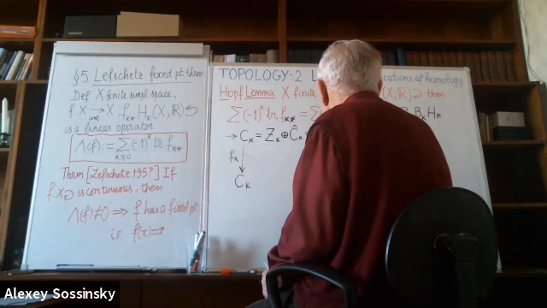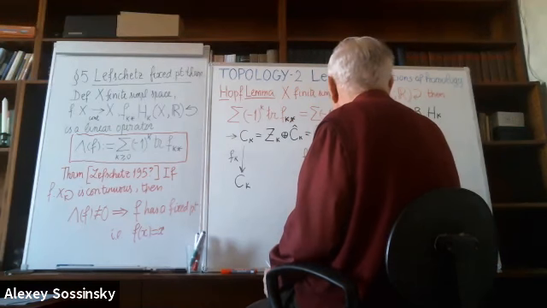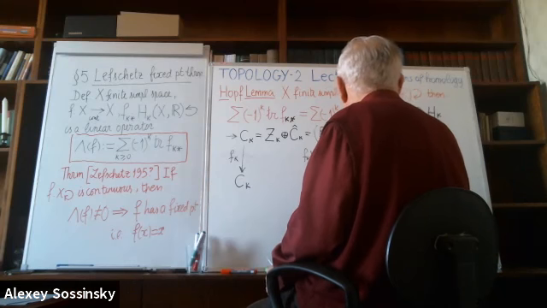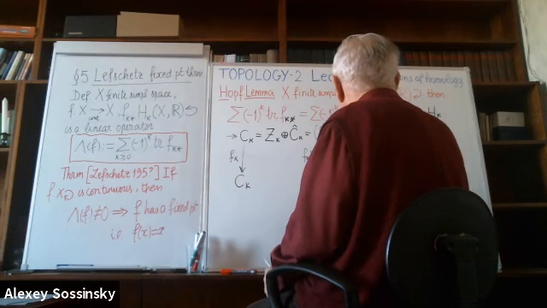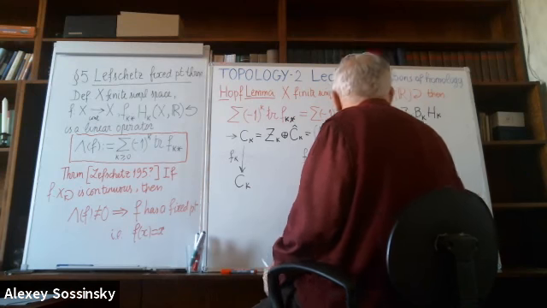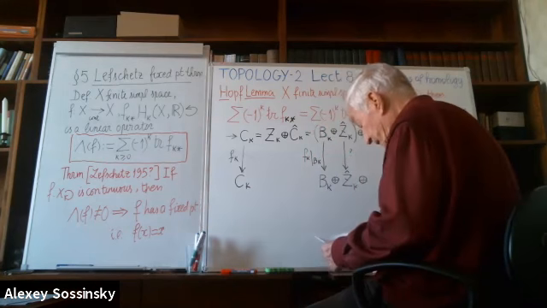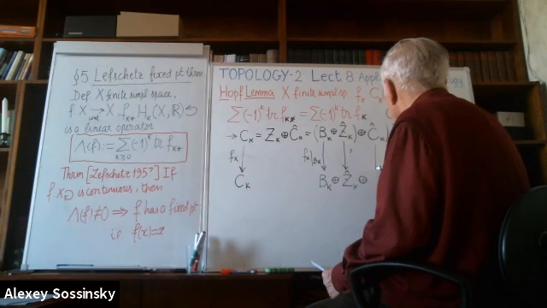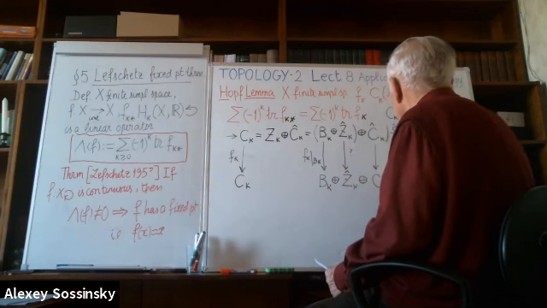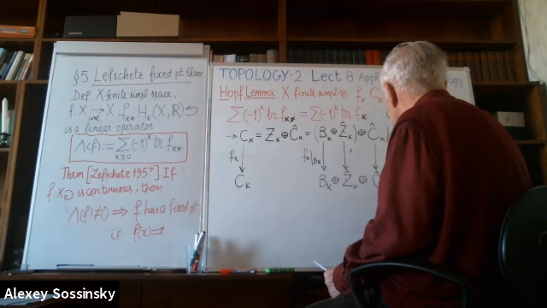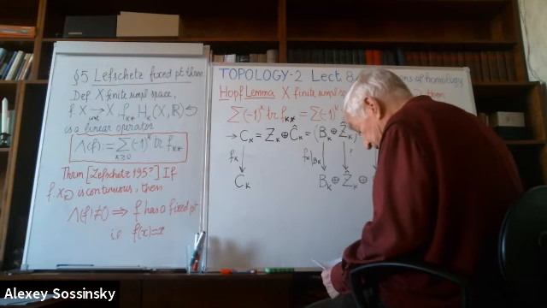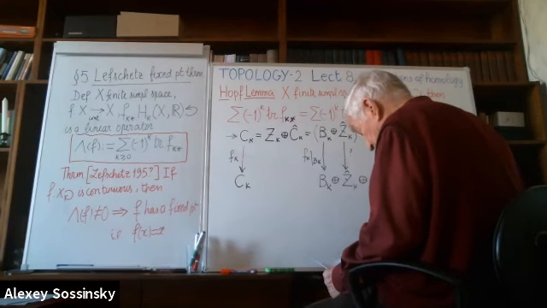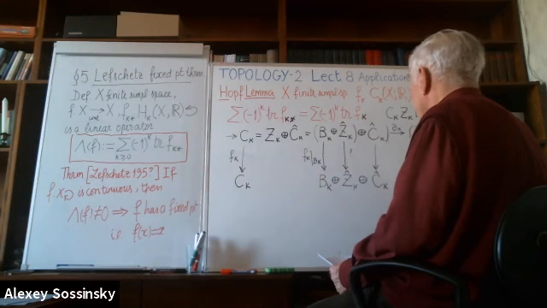So here we get bk downstairs plus z hat k plus c hat k. And here we have dk.